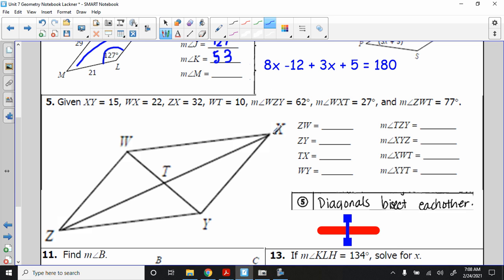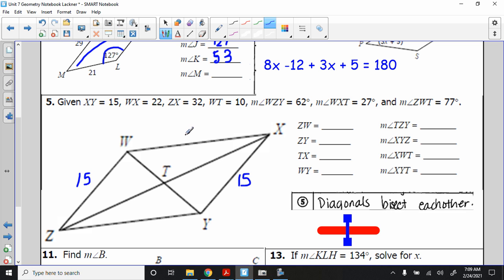All right, so this has got a lot going on and a lot of information up here. And look at the way they're naming these angles. These are tough. All right, so XY is 15. So as I start to label things, I already know this is 15, okay?